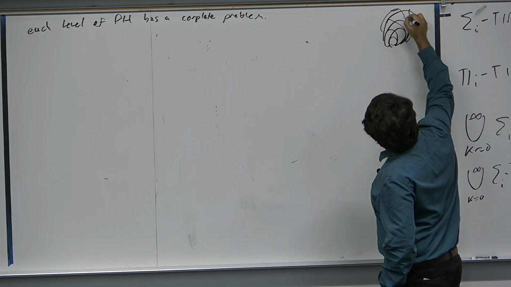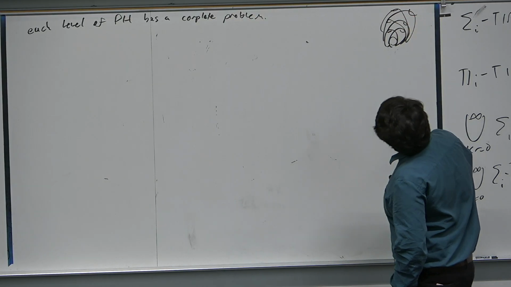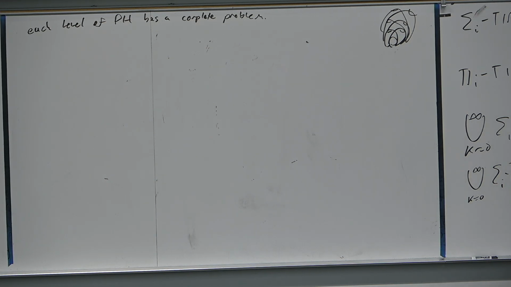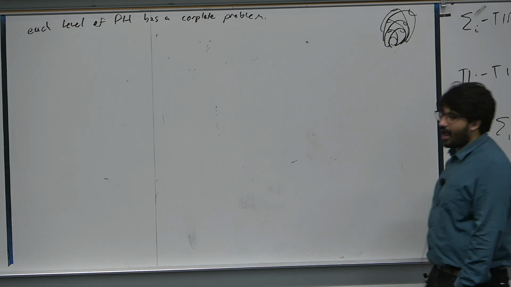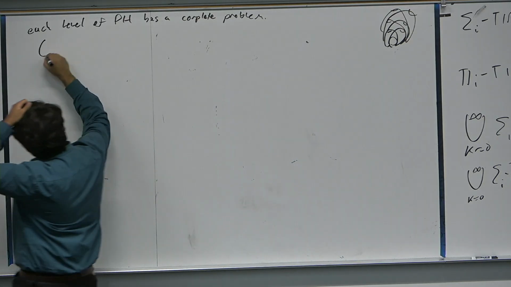So there's a hard problem there, there's a hard problem there, there's a hard problem there. The same way SAT is NP complete and SAT complement is co-NP complete, I claim each level has a complete problem.